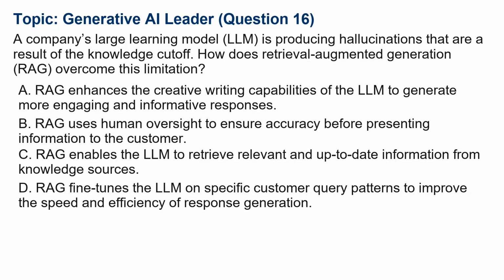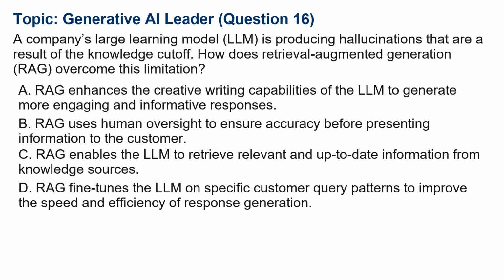A company's large language model, LLM, is producing hallucinations that are a result of the knowledge cutoff. How does retrieval augmented generation, RAG, overcome this limitation? A. RAG enhances the creative writing capabilities of the LLM to generate more engaging and informative responses.